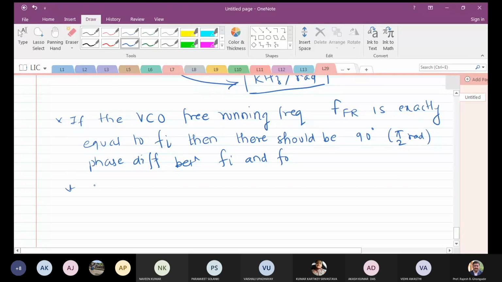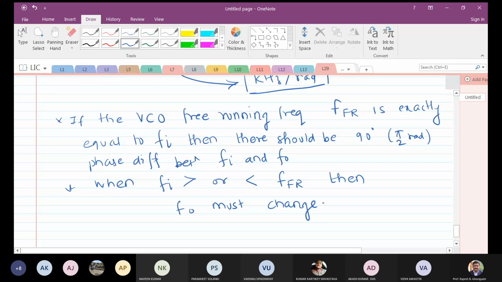When Fi is greater than or less than the free running frequency of the oscillator FFR, then Fo must change by delta Fo, which is given as Fi minus FFR. This is the change.